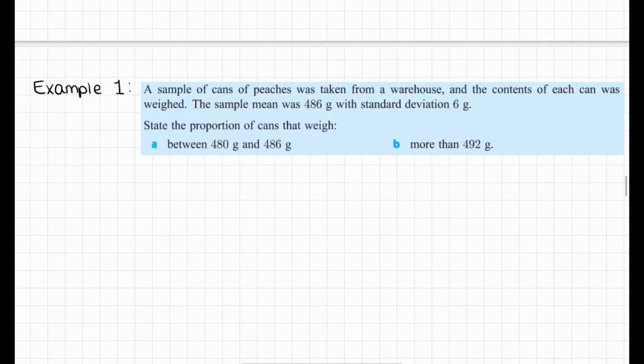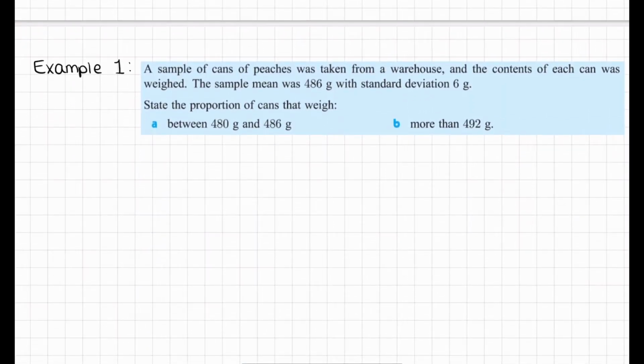Now, first example: a sample of cans of peaches was taken from a warehouse, and the contents of each can was weighed. The sample mean was 486 grams with a standard deviation of 6 grams. State the proportion of cans that weigh between 480 and 486, or more than 492.